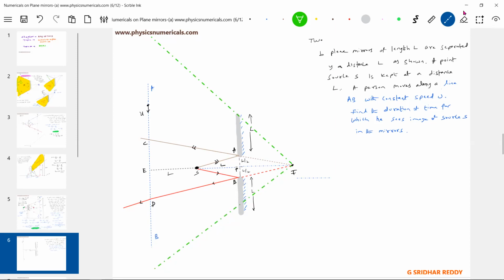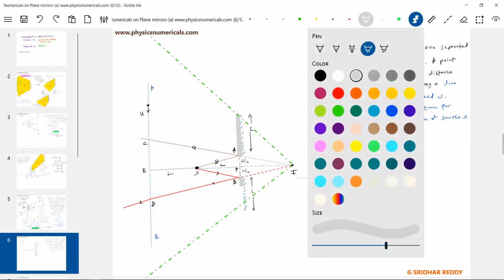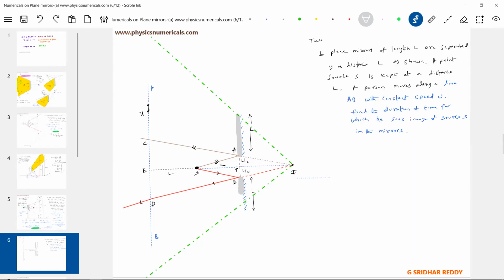Okay, I'll change the size of the mirror a little bit. Okay, we can do it. For our understanding purposes, we have made it. Now this will be the discussion we are supposed to continue.